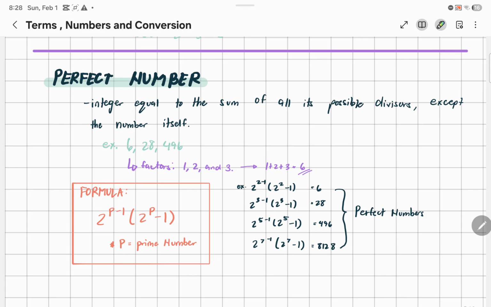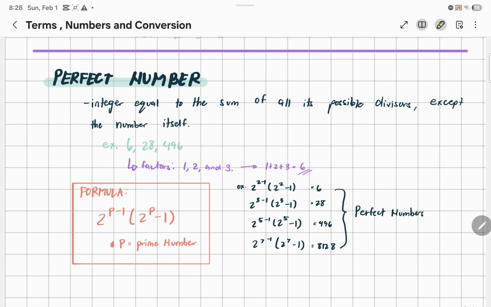So there is a formula to determine whether something is a perfect number. This is the formula: 2 raised to p minus 1 times (2 raised to p minus 1). p is the prime number. For example, let's find the perfect number using the prime number 2.